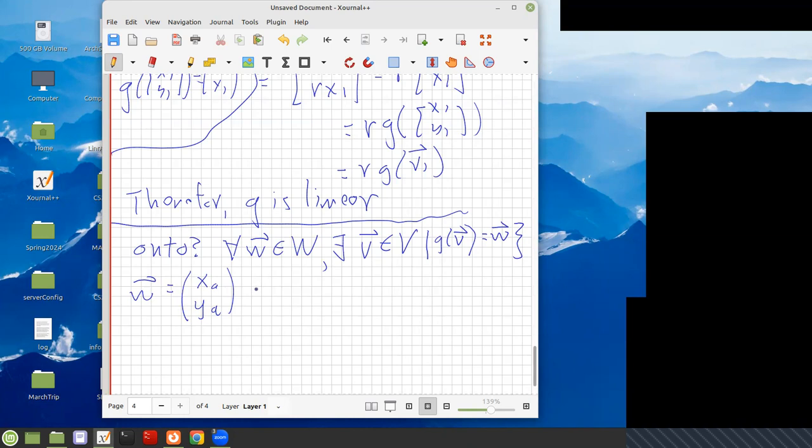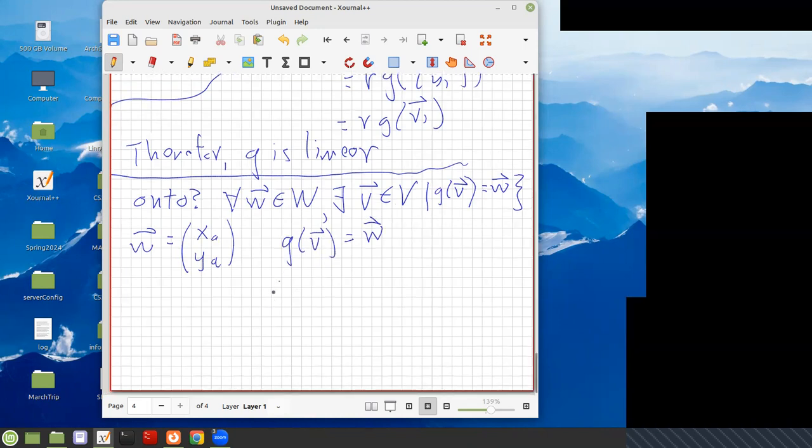Given a W, say for arbitrary X and Y, we have to find a V that maps to it. And you can see that there's not going to be one, because we'd have to find a G of V which equals W. So we're looking for a V, let's call it R and S, such that G of R and S equals X arbitrary, Y arbitrary.